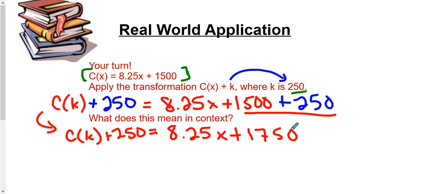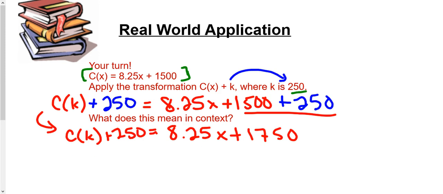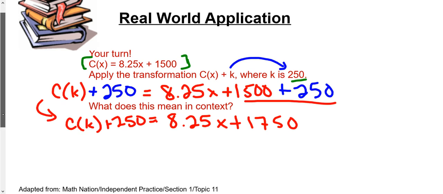So we've got our new equation, and what we can see happened, and this is what we were talking about 2 slides ago. In fact, let's go ahead and have a peek at that. We said that if we were adding it to the end of our function right here, it is going to affect the initial cost. So plus K is going to take the number we were already adding to the end of our function and change it. So our initial cost was 1,500. Now all of a sudden it's 1,750. So this increased our cost.